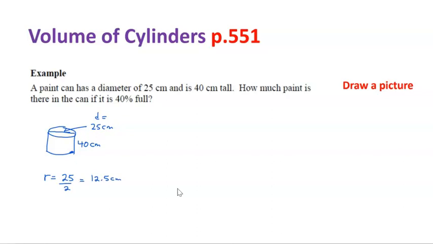So let's go ahead and calculate 100% volume. So we're going to take our formula, pi r squared, multiplied to the height. And again, I'm going to use my pi button. I'm going to take the 12.5 squared first, multiply by pi, and then multiply by 40.